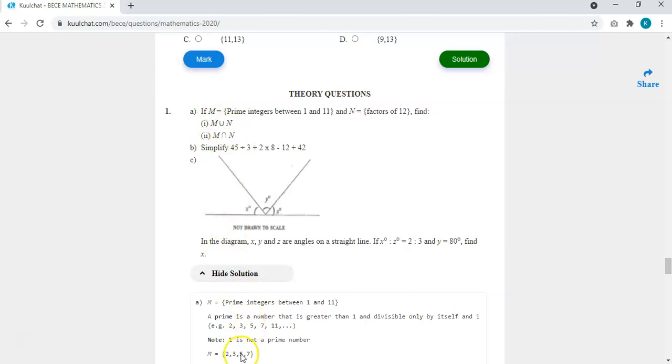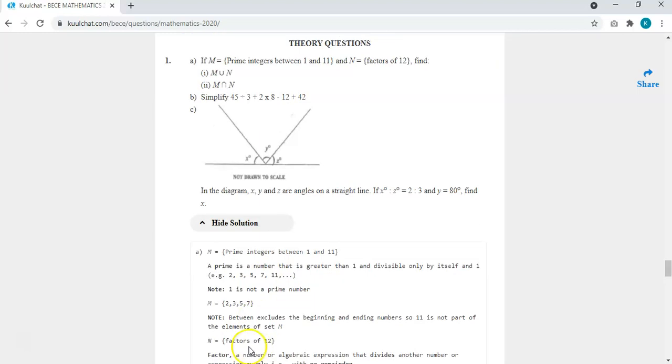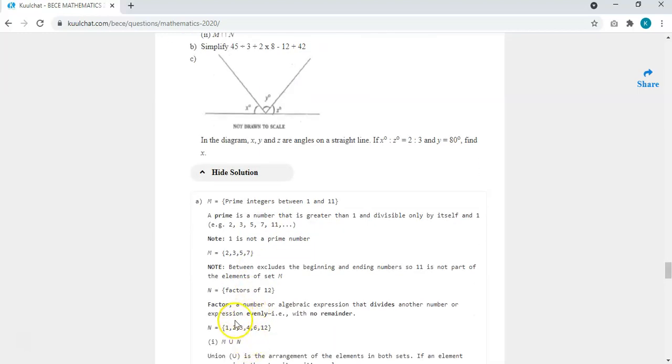Okay, so here m is equal to 2, 3, 5, and 7. Then the factors of 12, like I explained, are 1, 2, 3, 4, 6, and 12. Now check if you've listed all the factors by multiplying the first and the last and seeing if you get 12.